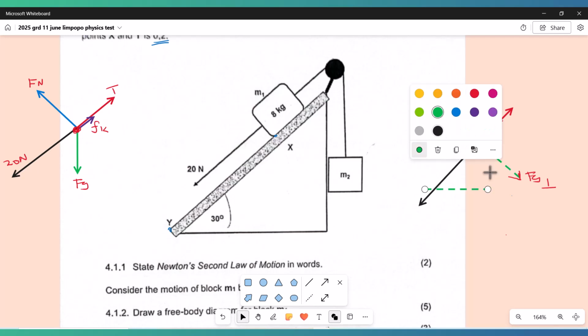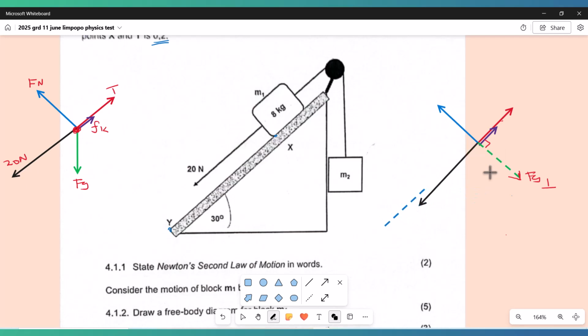Now this Fg parallel is taking the body down the slope, apart from the 20 newtons, but also Fg parallel takes what? The body down the slope. This is my Fg parallel here, and it is also acting where? Downwards, no? So it's called Fg parallel. Why do we say so? Because it is parallel to the slope altogether.